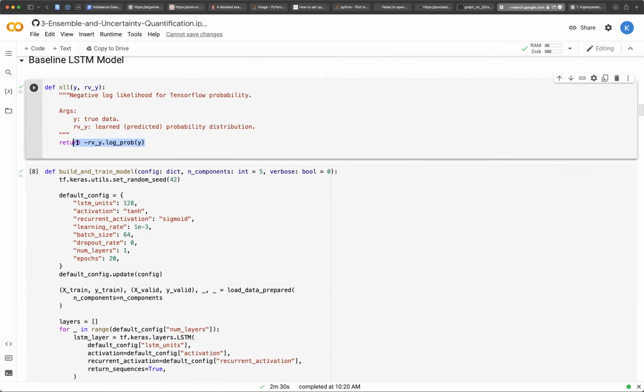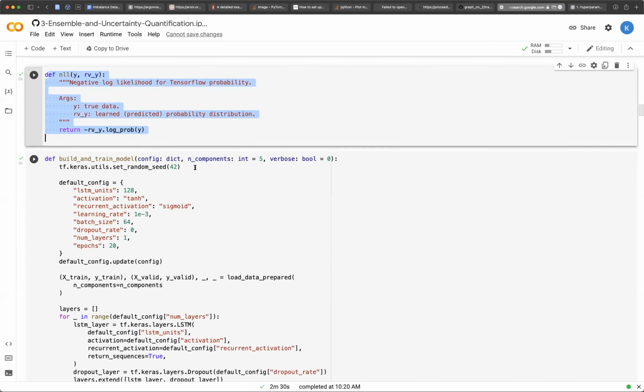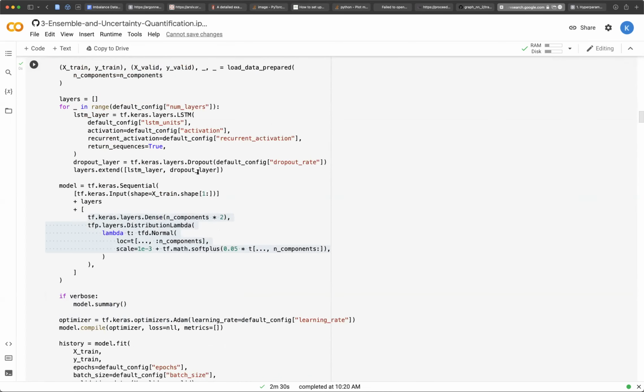Negative log likelihood in this context is the negative of the log probability of the ground truth under the distribution predicted by the network, and that's what this function here does. So the key difference between the previous two models and this model is the introduction of the variational layer, which predicts mean and standard deviation.